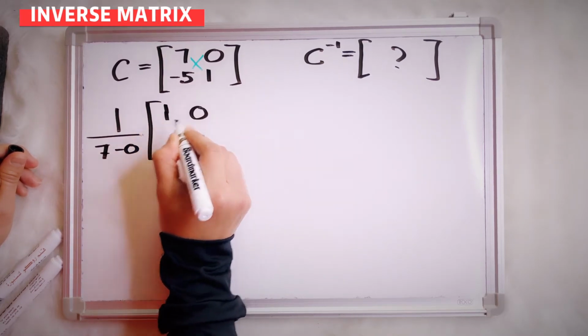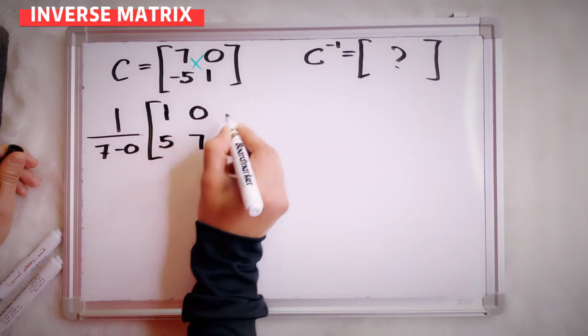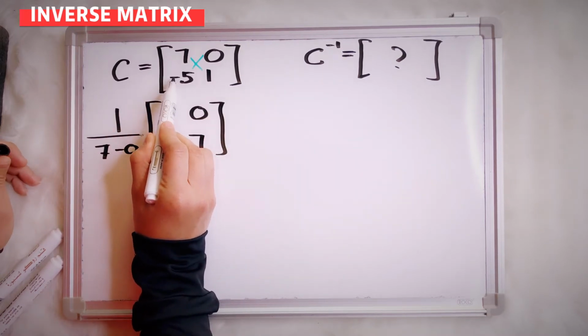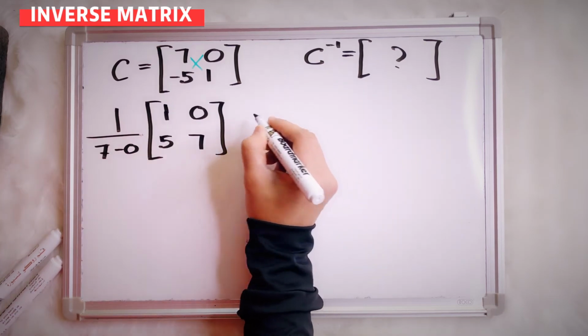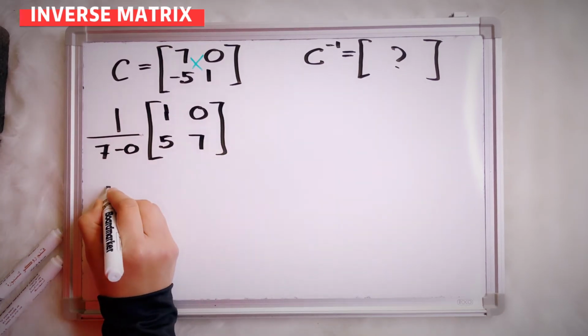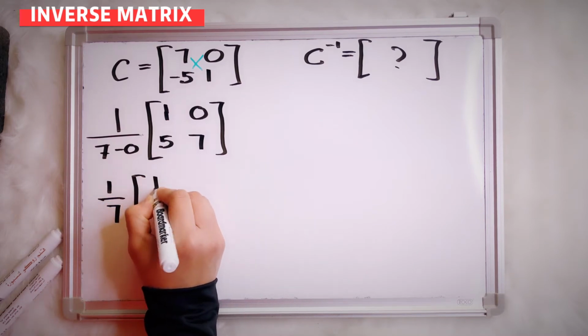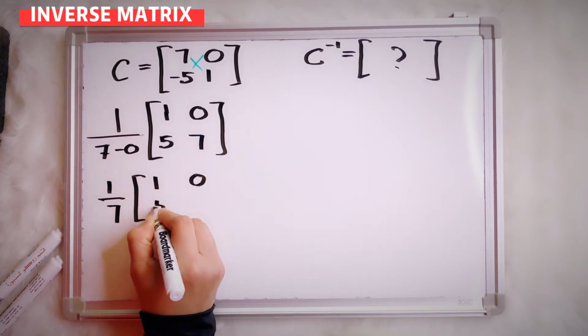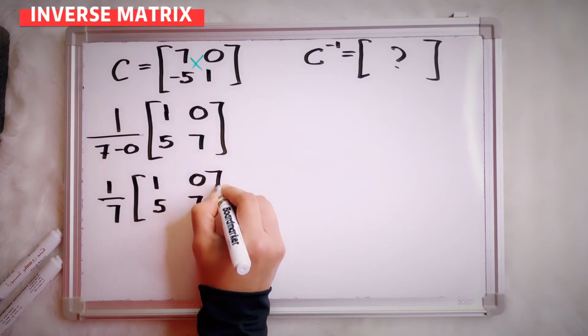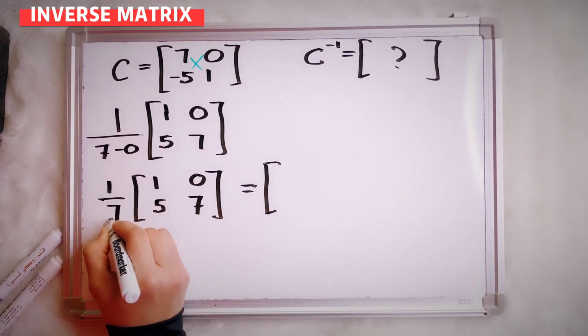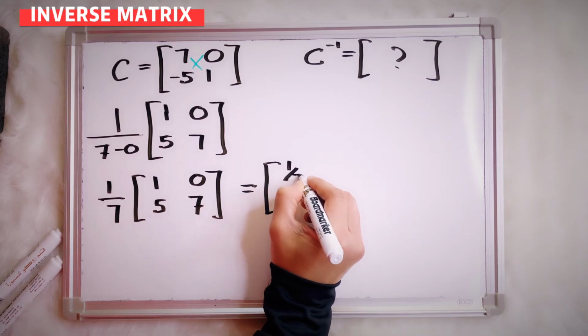Here is 0 and here is 5 because you have to put negative here. So negative, negative become positive 5. So now you will have 1 over 7 multiply with 1, 0, 5, 7. So your answer will be 1 over 7 times 1, 1 over 7.